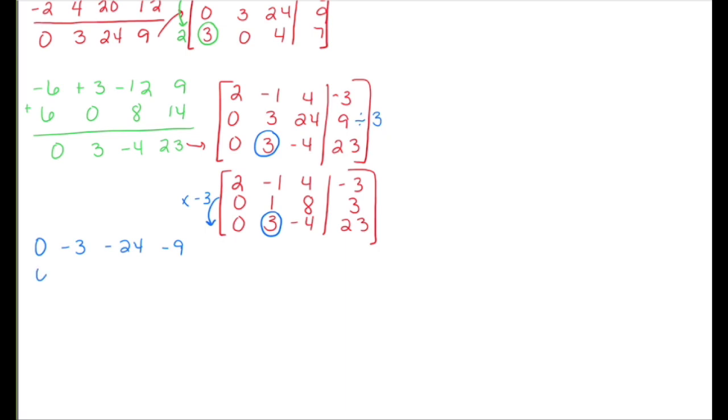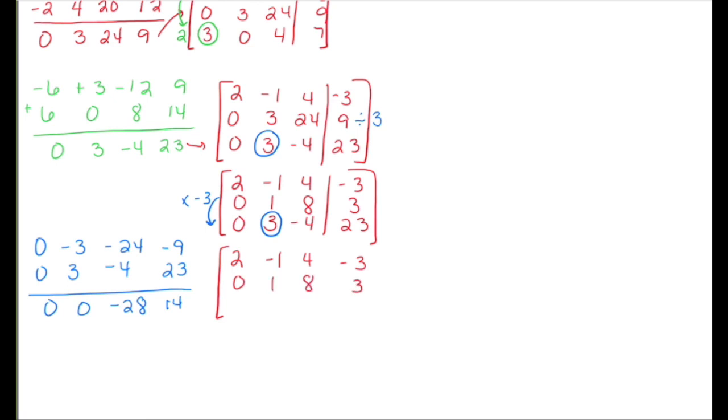The bottom row we don't need to multiply by anything. When I add them together, we will have 0, 0, -28, and 14. So I'll have 2, -1, 4, -3, 0, 1, 8, 3, and 0, 0, -28, and 14.